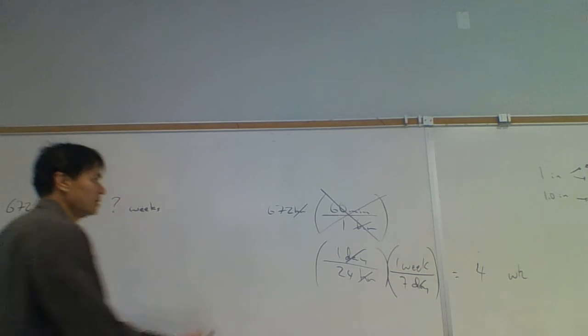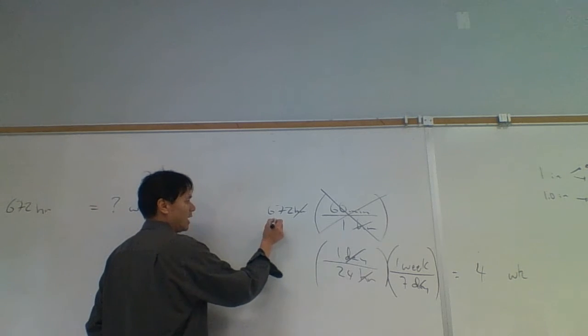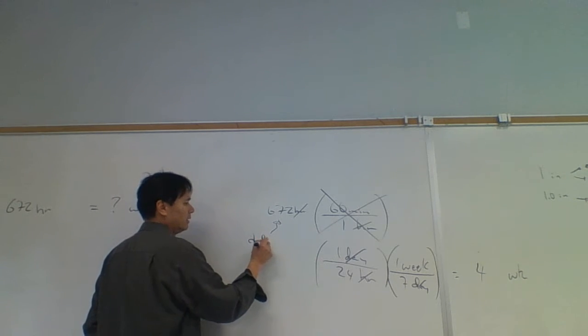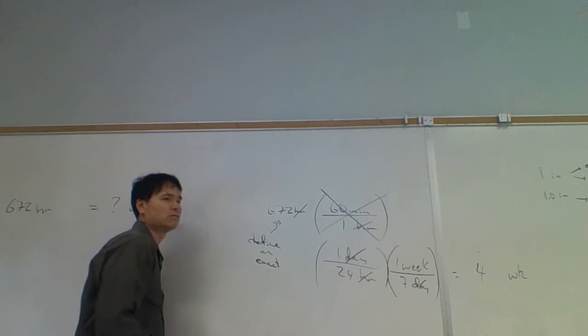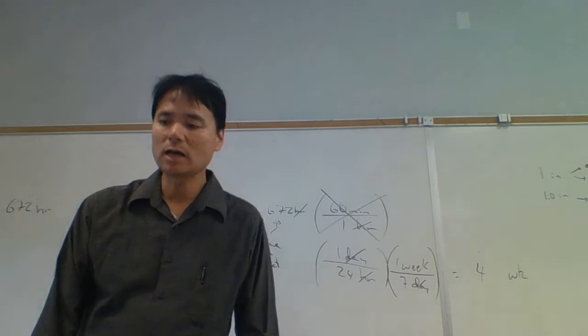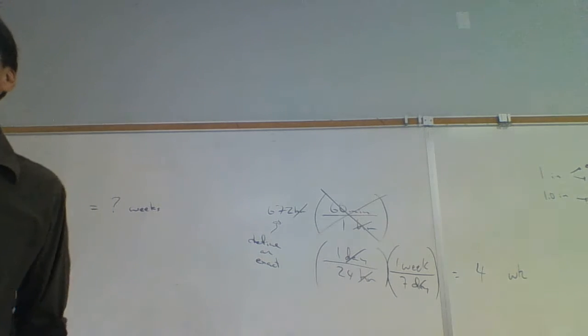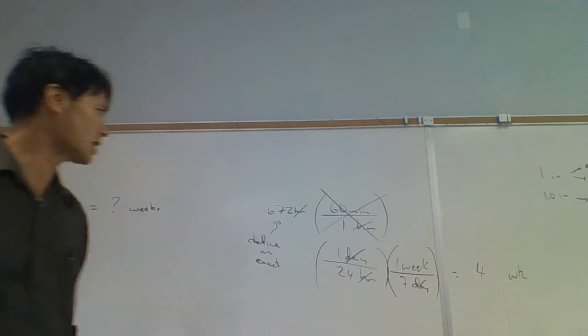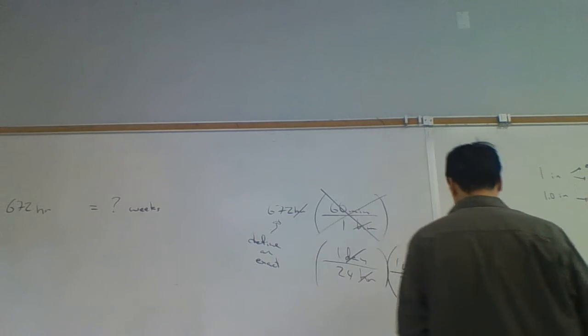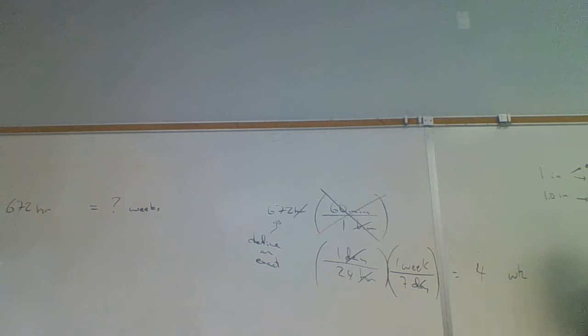Since that's a little bit ambiguous, I'm going to call this exact. The reason I'm going to define it as exact is because I don't want to say in approximately 672 hours, there's approximately this. I'd rather say in exactly 672 hours, there's approximately 4 weeks.